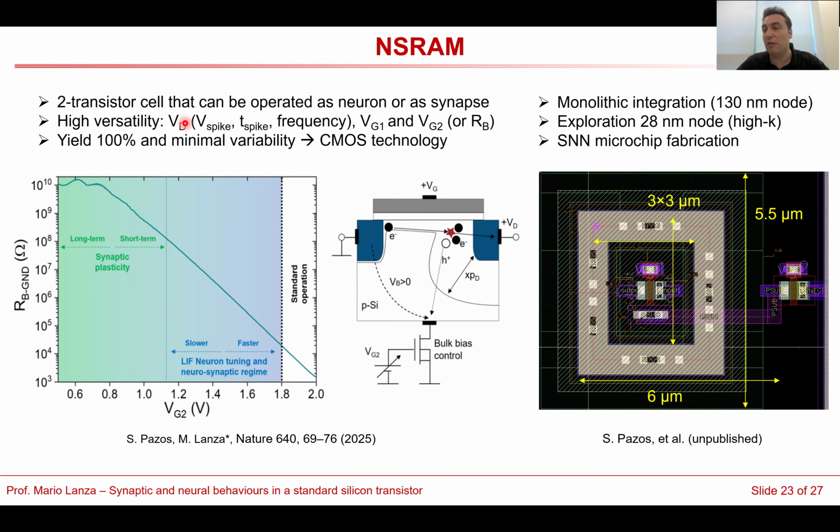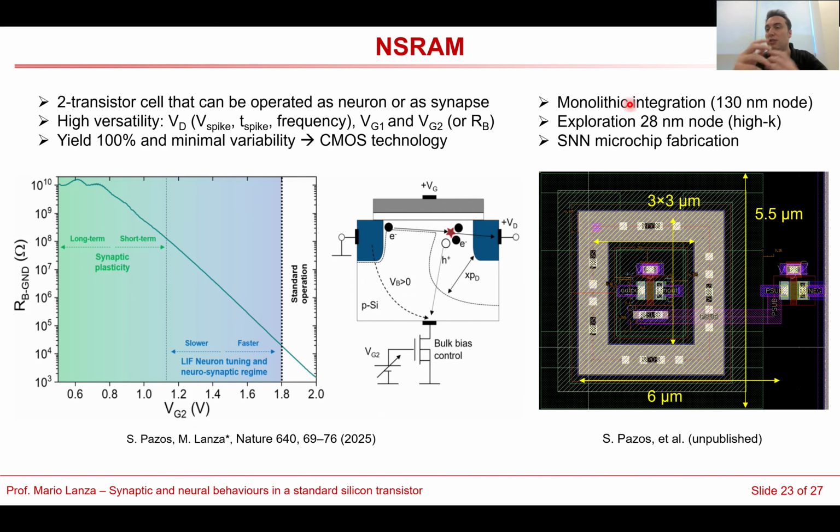So this is something very important because as we are not using elements that are not aligned to the semiconductor manufacturing chain, we don't need to wait a long time to achieve high yield. So we are now working on the monolithic integration of these two transistors in new microchips at the 130 nanometer node.